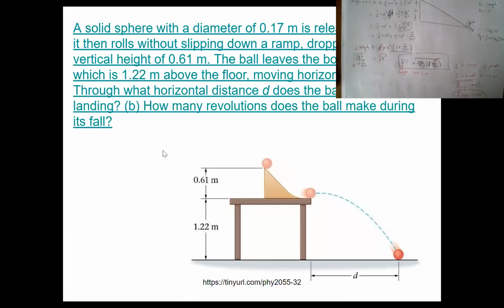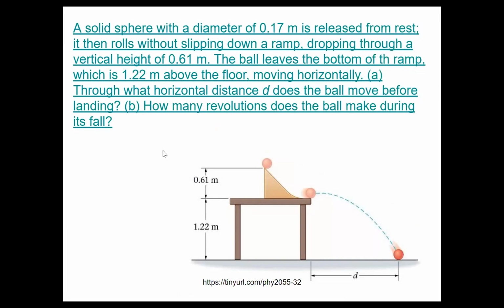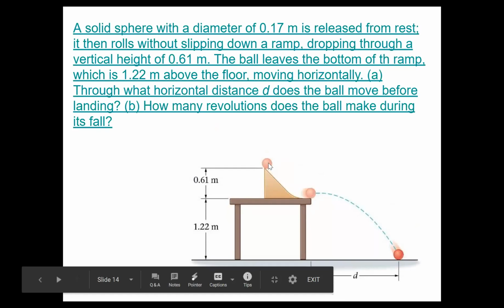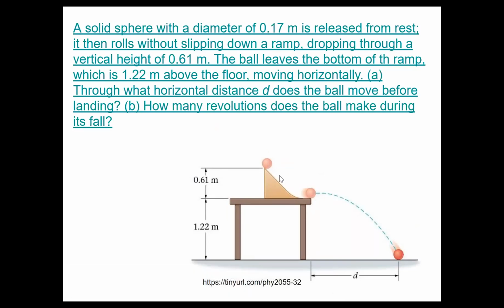So we are going to take a look at this example here. It says that a solid sphere rolls down this ramp over here. The solid sphere has a diameter of 0.17 meters, and it's released from rest and rolls down the ramp without slipping.